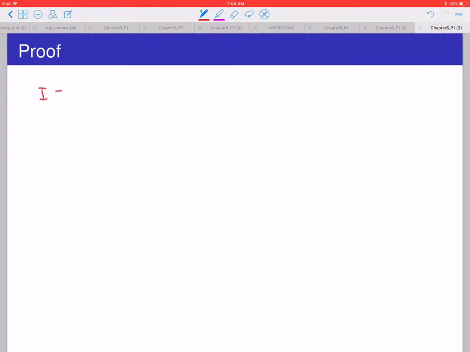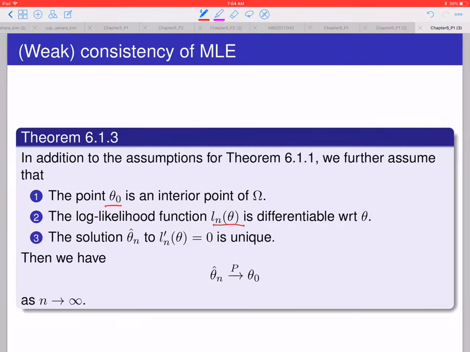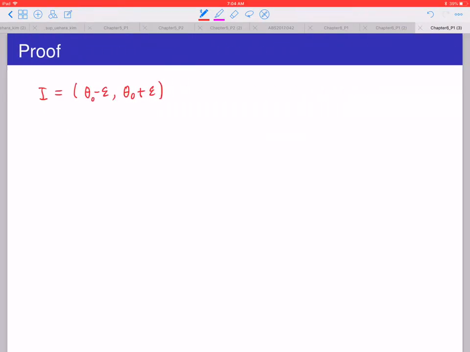Okay. So let's consider zeta 0 minus epsilon and zeta 0 plus epsilon. Then Ln zeta null is a little bit, so this is a log-likelihood L at zeta null.